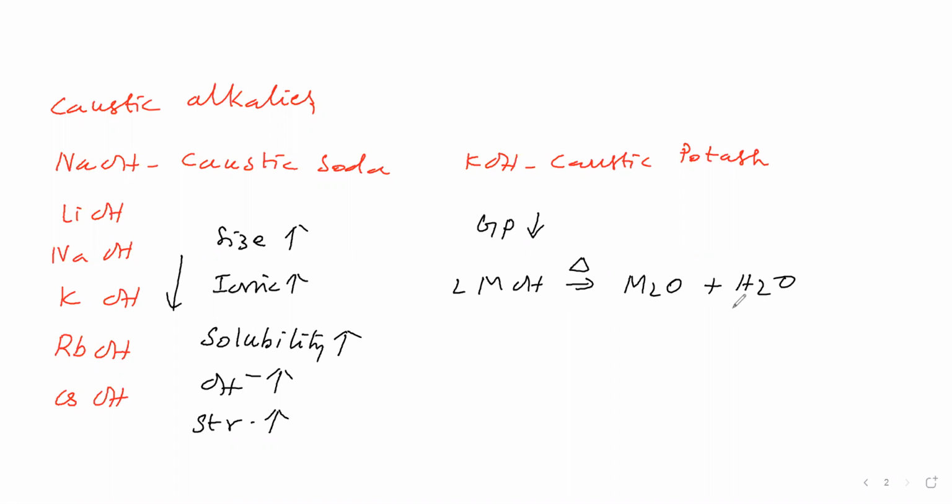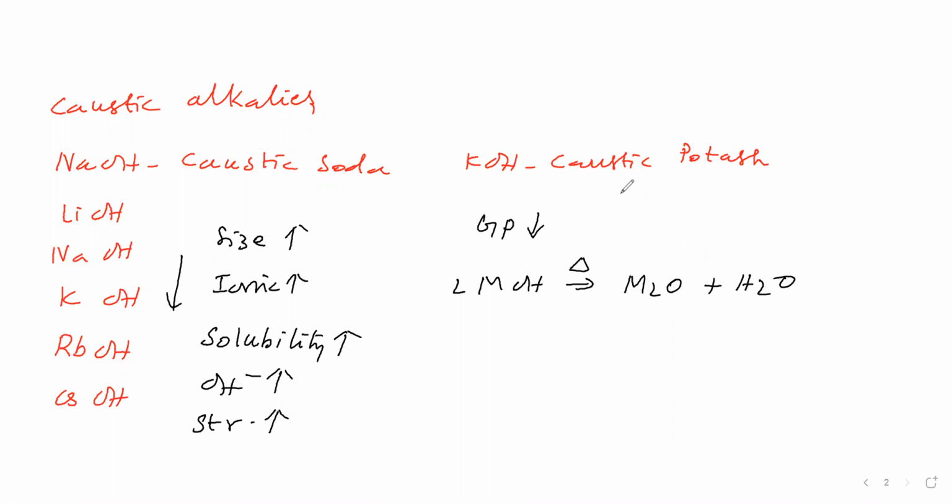So regarding alkali metal hydroxides, what points have we discussed? We will conclude. One, alkali metal hydroxides are caustic alkalis, because they are corrosive over skin as well as glass. Next, sodium hydroxide is called caustic soda, potassium hydroxide is called caustic potash. Alkali metal hydroxides are quite soluble in water.